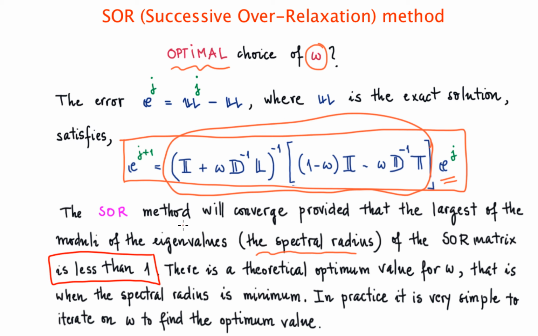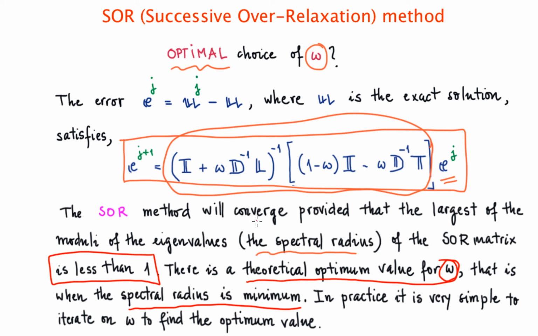Besides that, there is a theoretical optimum value for omega, and this is the one that makes the spectral radius minimum. In practice, we can calculate that by iterating for different values of omega and calculating the spectral radius for each, so you can get the minimum.